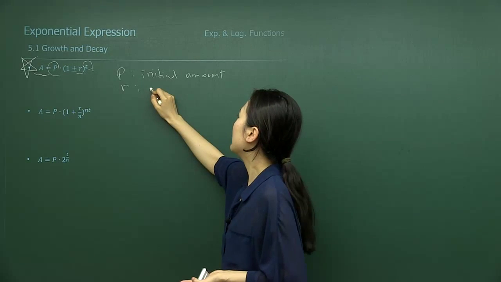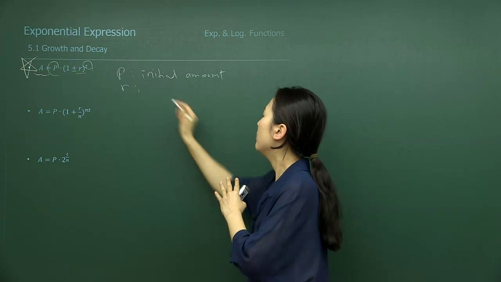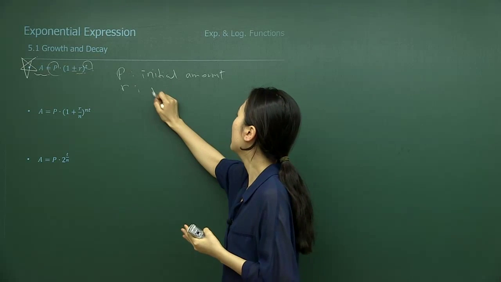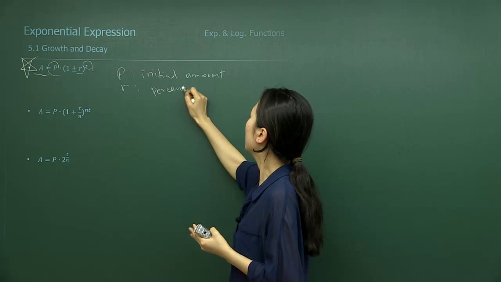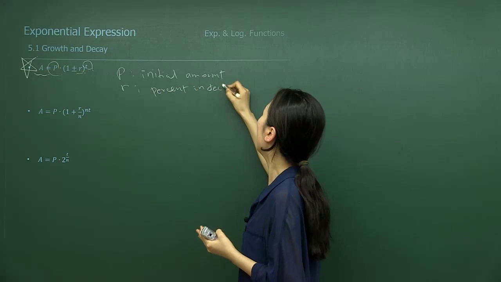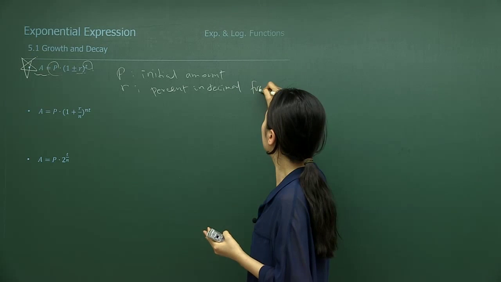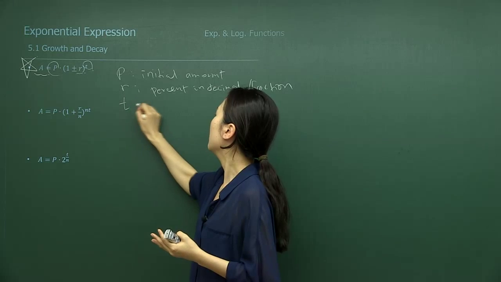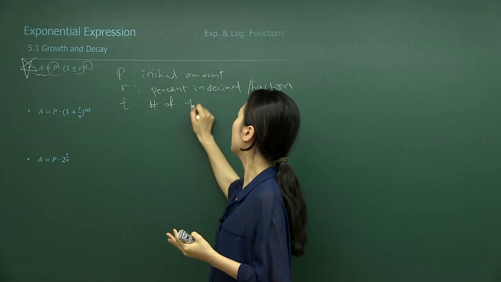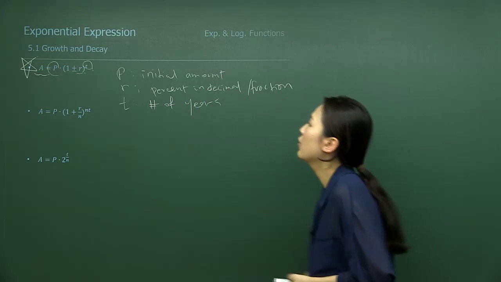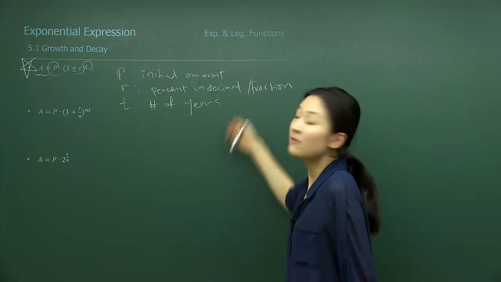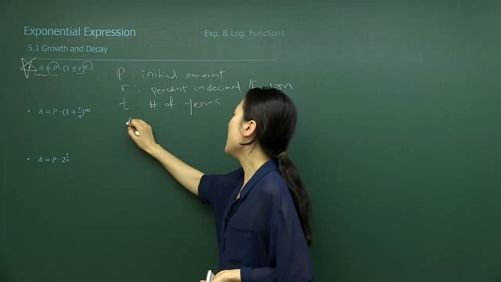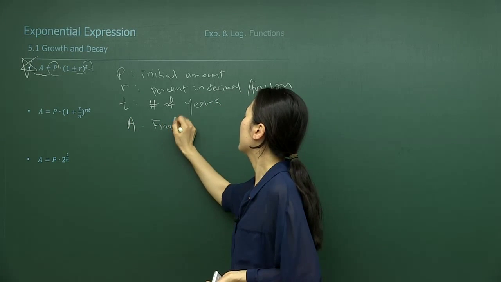R is basically the percentage written in decimal, or fraction, and T will be the number of years. So once you plug this information into this formula, you will then get A, which is the final amount.